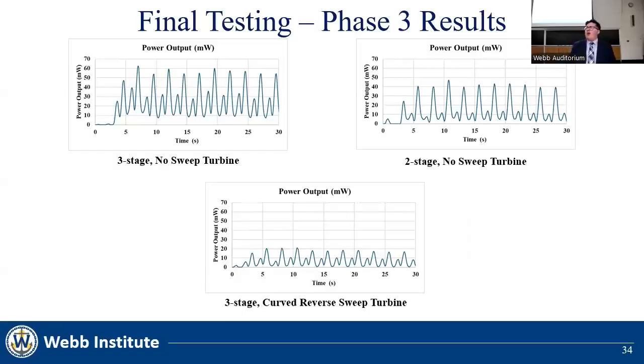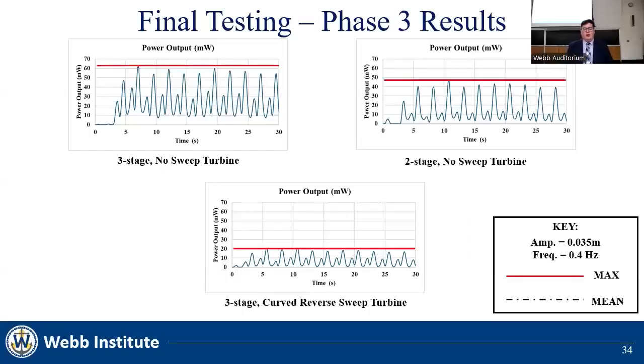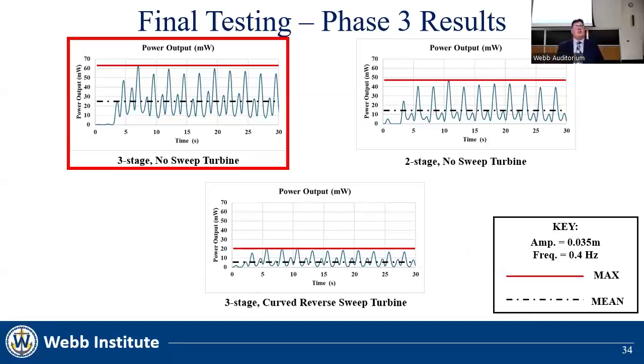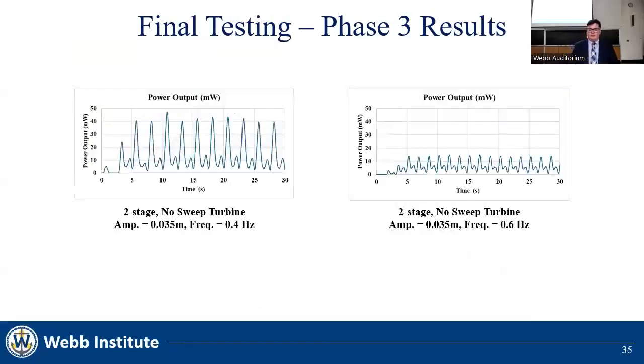All graphs are for a wave amplitude of 0.035 meters and a frequency of 0.4 Hz. The solid red line on each graph indicates the maximum power output, and the dash-dot blue line indicates the mean power output. From these results, we can see that in the peak wave conditions tested, the 3-stage no-sweep turbine had the best performance with a power output of 62.7 milliwatts.